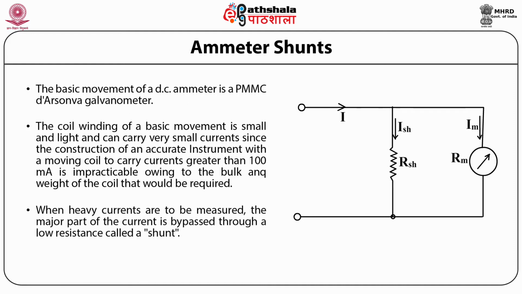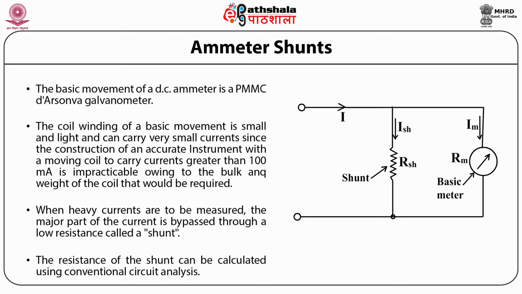When heavy currents are to be measured, the major part of the current is bypassed through a low resistance called a shunt. Figure 1 shows the basic movement or the meter and its shunt to produce an ammeter.